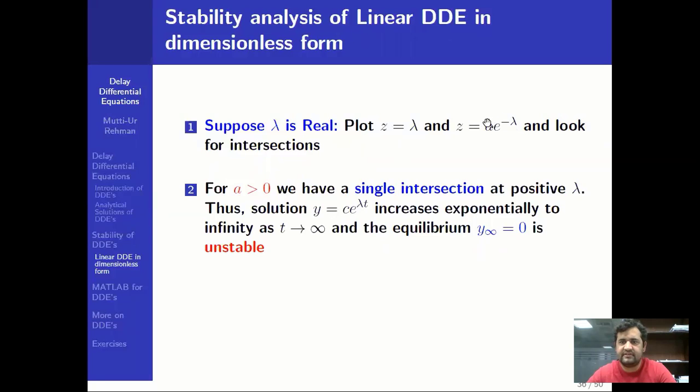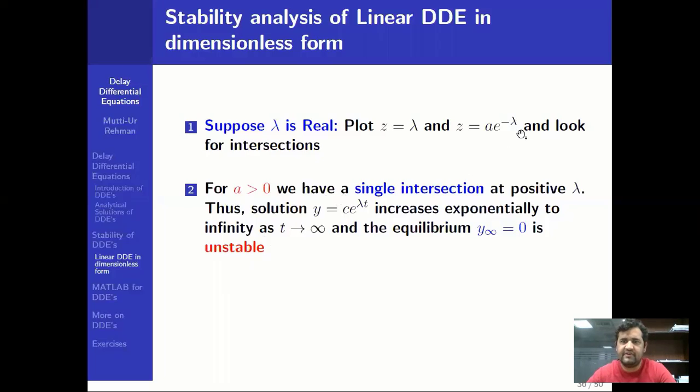For instance, if I choose this parameter to be positive, then I will have a single intersection at a positive value of the eigenvalue lambda. Then my exponential solution will increase for large t, and our equilibrium solution is basically unstable.